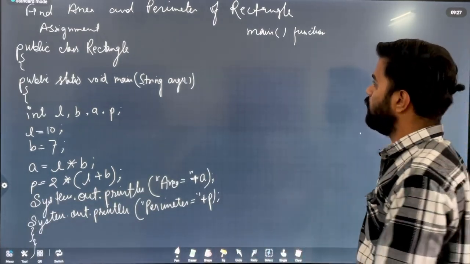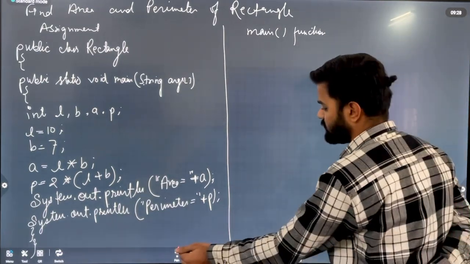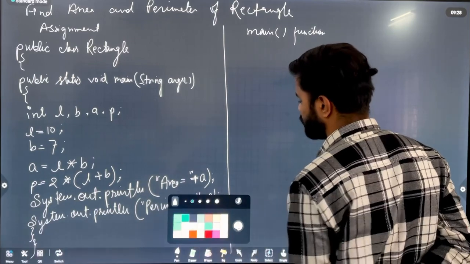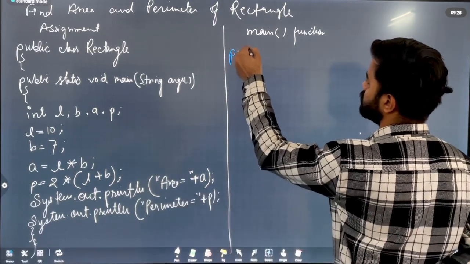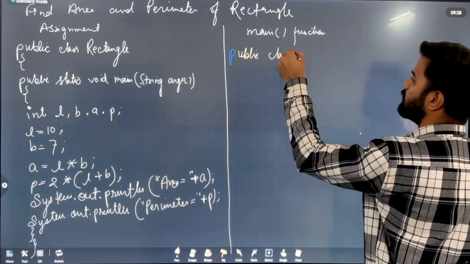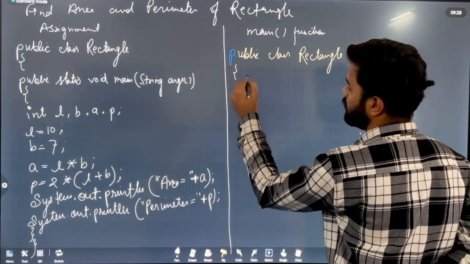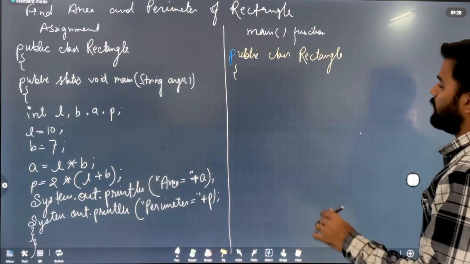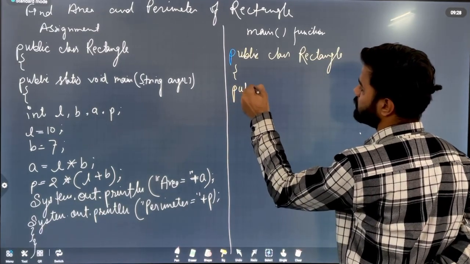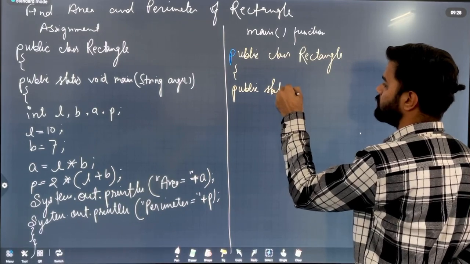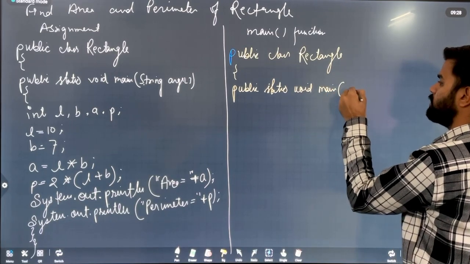Is it clear? Now if we do the same program with the main function, then see what changes are there. Again we start from public class Rectangle, and then we will write public static void main.